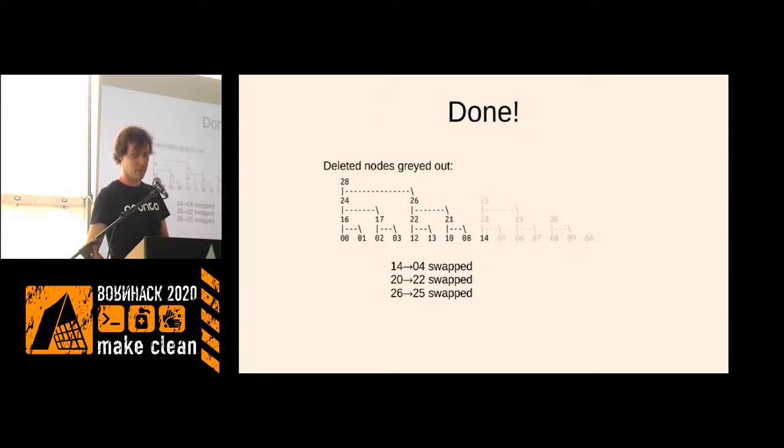I've marked the deleted nodes grayed out, right? Because we have swapped them out to positions that would just be like stuff in your file system where you don't have a file, right? It's still actually there because it's just one giant array, but you can imagine as if it doesn't matter what's in there anymore. So this is what's been happening.